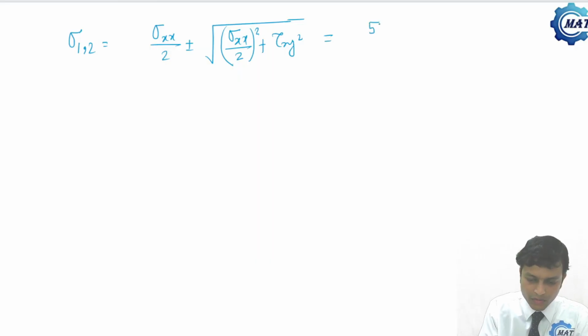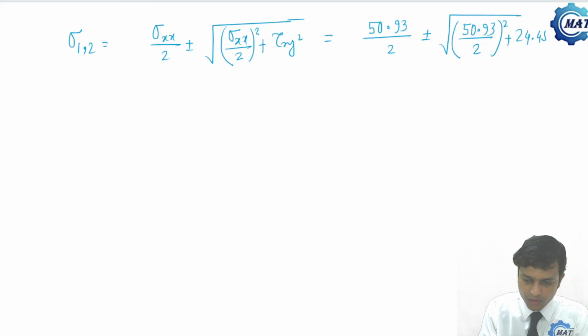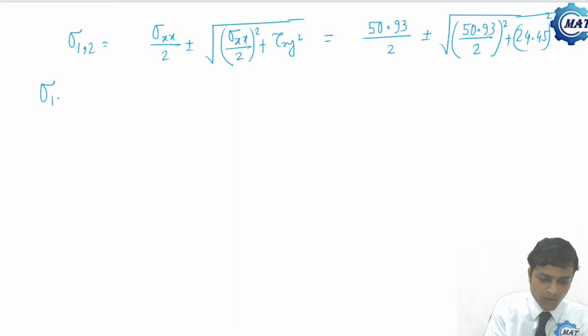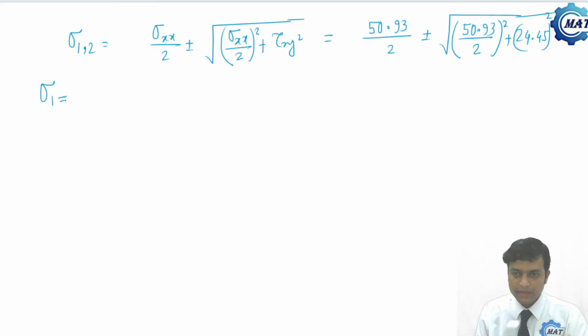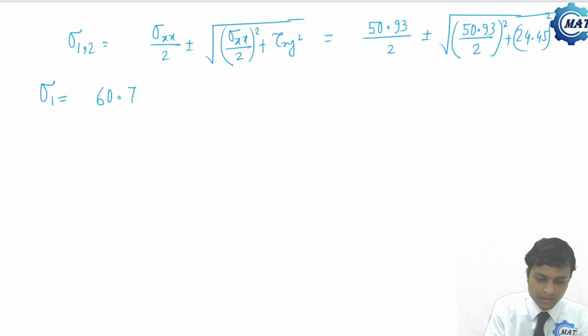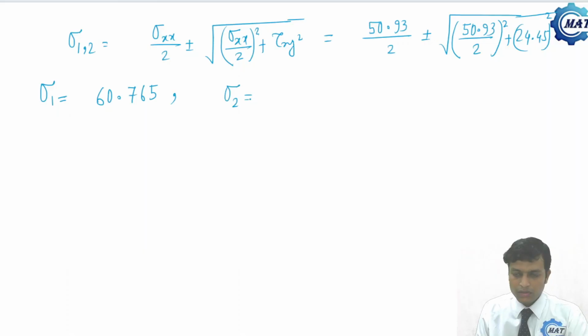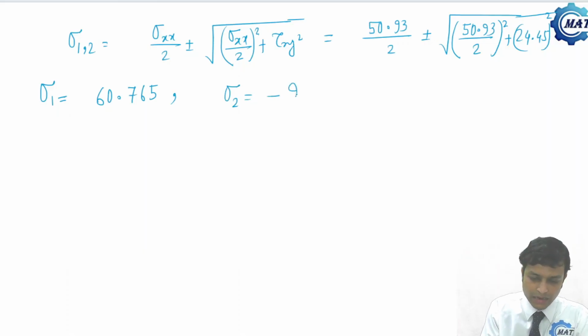Putting 50.93 by 2 plus minus root over 50.93 by 2 square plus 24.45 whole square, sigma 1 is 60.765 and sigma 2 becomes minus 9.835.